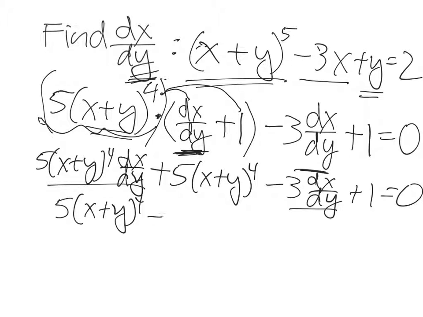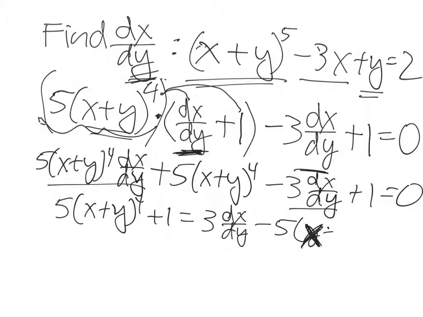So we'll leave this part on the left side and add the 3 dx by dy minus 5 times that quantity. Oops. Well, it's not going to let us erase that at this point. This should be x plus y to the 4th, dx by dy.